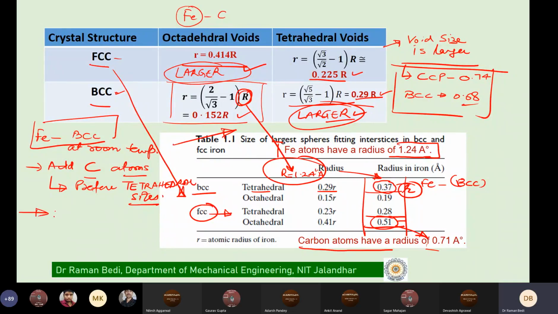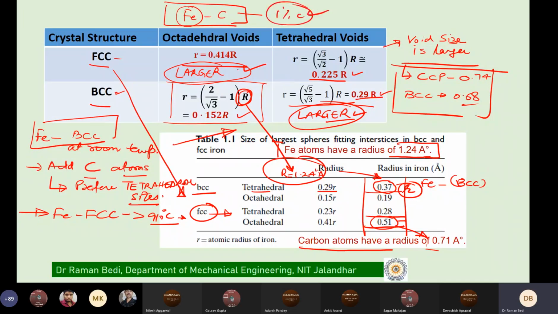And then when iron goes into FCC crystal structure at a temperature greater than 910 degrees centigrade, what will happen then? Let us say you have taken an alloy of iron and carbon, which contains, let us say, 1% carbon.